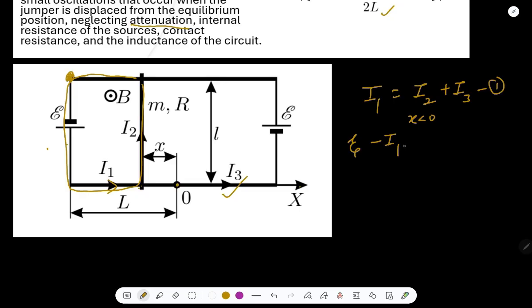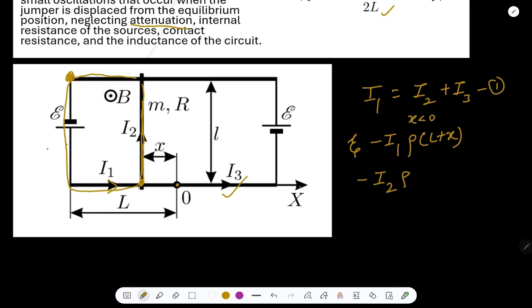Write down this I1 rho L plus X. This is the resistance of this part. And then we move from here to here, and we lose another voltage, and since we are losing, I'm going to put down a minus sign here.